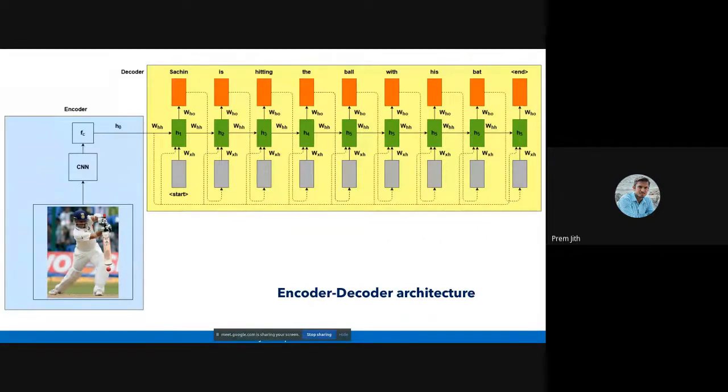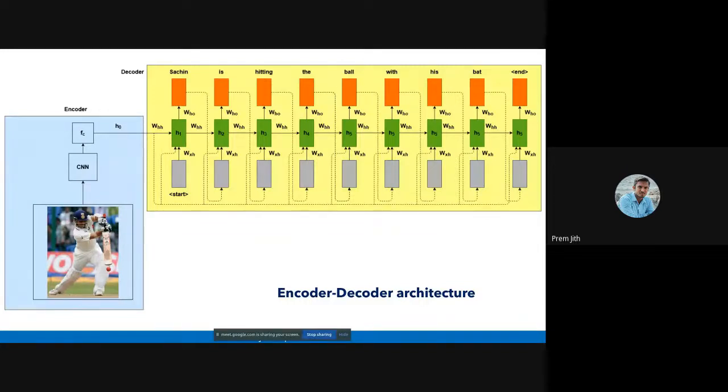This architecture is called encoder-decoder architecture. It is used for the image captioning problem, generating the text representation, the description, of an image. You can use this in any domain where the input data is an image or the output data is a sequence of words.